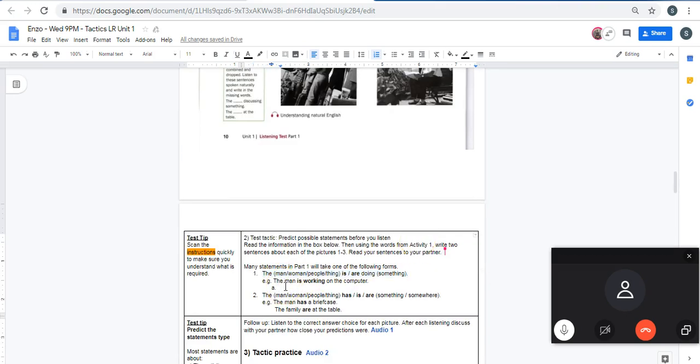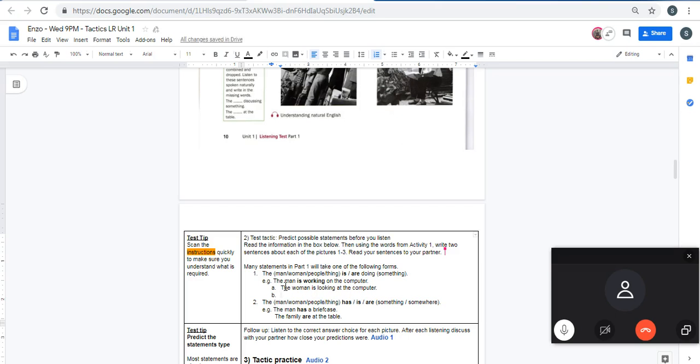So you just have to use those nouns and verbs. The woman is looking at the computer. Okay. One more.